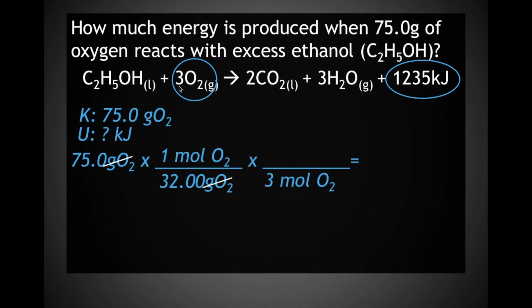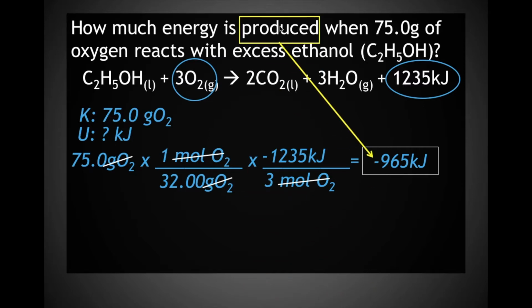So it'll be 3 moles of oxygen, okay? And then it says produced, so it's going to have to be negative. So that produced, given off, gone away from the system, it's a negative, okay? And then the moles of oxygen will cancel, and we will have our answer. So again, the word produced, that's why it's going to be negative.